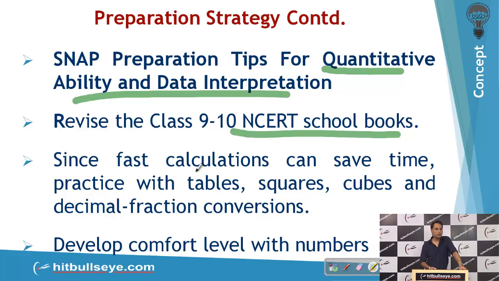You should be quick with numbers when it comes to squares, cubes, and conversions. This can, of course, give you an edge in the quant and DI section. Develop comfort level with numbers. We have seen students shying away from numbers. Such people will always have a problem approaching questions on quant and DI. So practicing across similar questions with concept clarity is the mantra for this particular section.